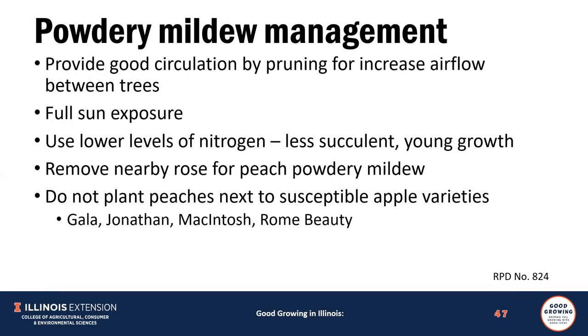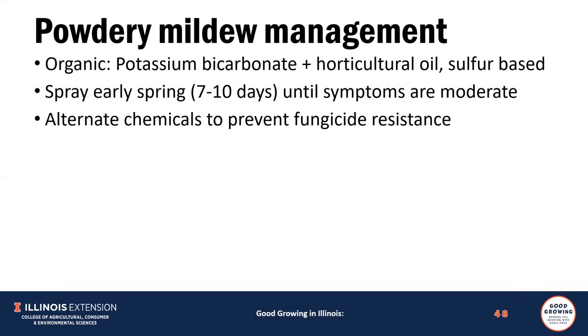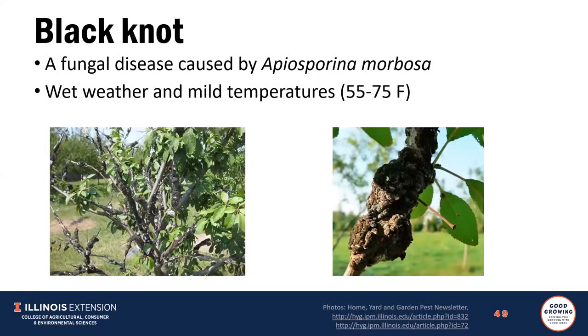And don't plant peaches next to susceptible apple varieties that could be infected. And here are some of those apple varieties listed. Powdery mildew can be managed somewhat organically with potassium bicarbonate plus horticultural oil, and some sulfur-based products. And alternate your chemicals again to prevent fungicide resistance.